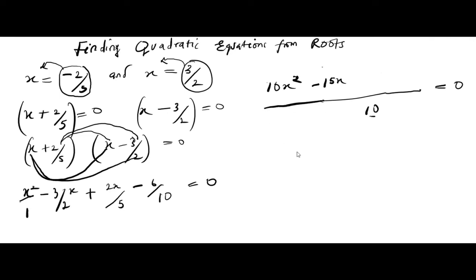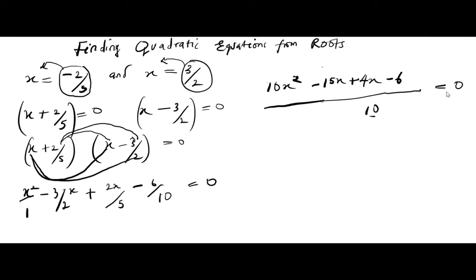Then 10 divided by 5, we have 2. So 2 times positive 2x, we have positive 4x. Then 10 divided by 10, we have 1. And 1 times negative 6, we have negative 6.